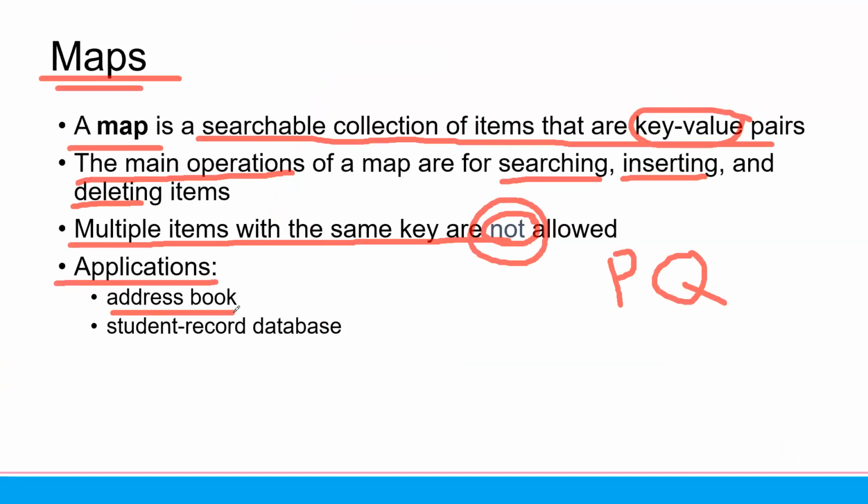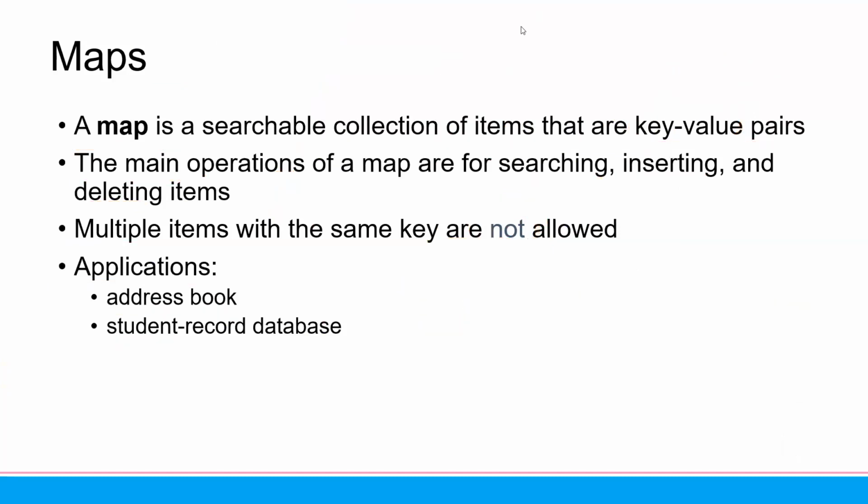Even though, let's say in Korea, bear. One word can have several meanings. So you can say that this is the key and we can put several meanings as a list. Another example is a student record database. Every student will have a unique student ID, so we can put it as a map.